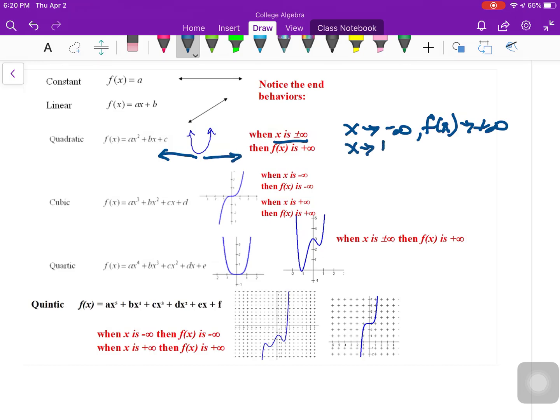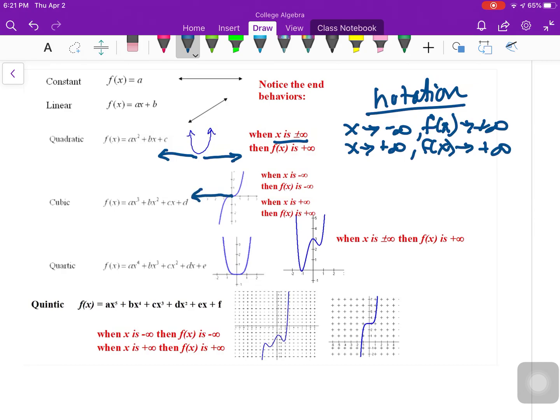And as x approaches positive infinity, y approaches positive infinity. They're both going up. But when you write end behaviors, you always must use this notation for end behavior.